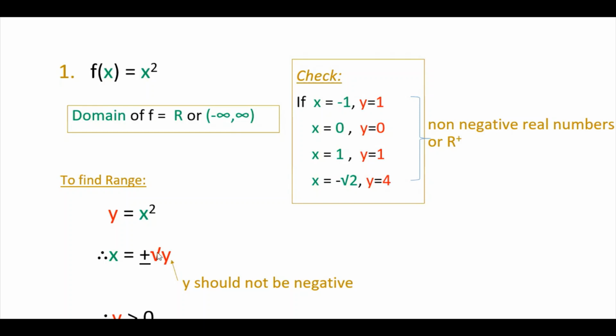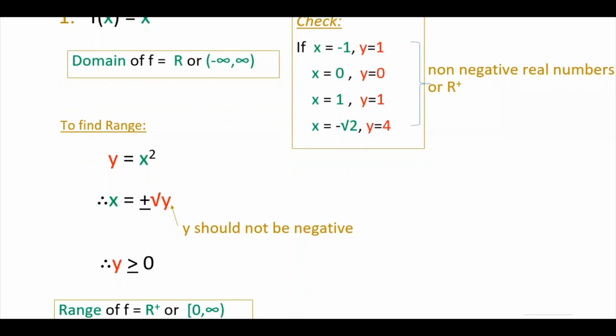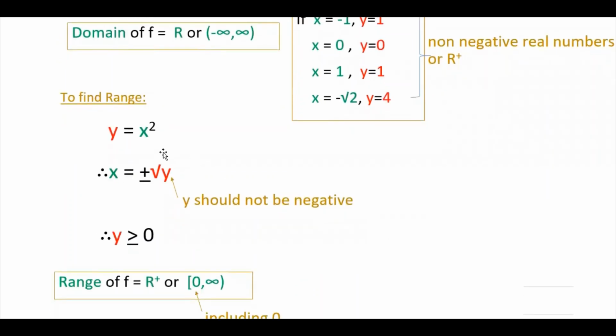Because y is in the square root, it should not be negative. It can be 0, but it should not be negative. So y is greater than or equal to 0. So you have to check the range like this. Because y is in the square root, it should be greater than or equal to 0. That means it is 0 or greater than 0, so non-negative real numbers.